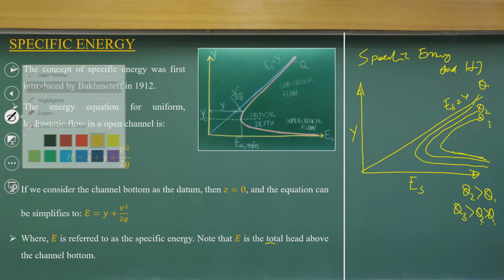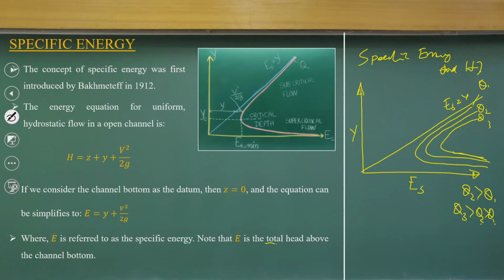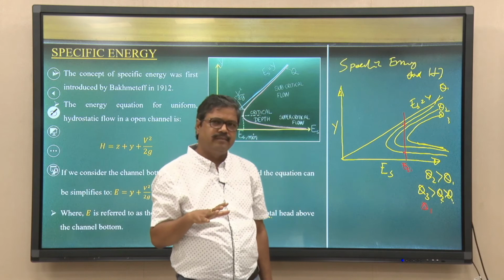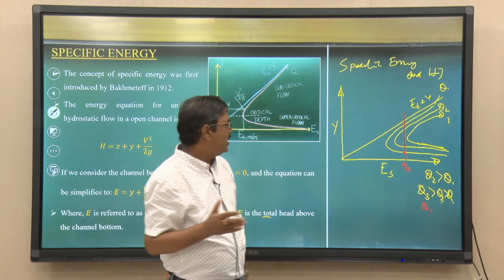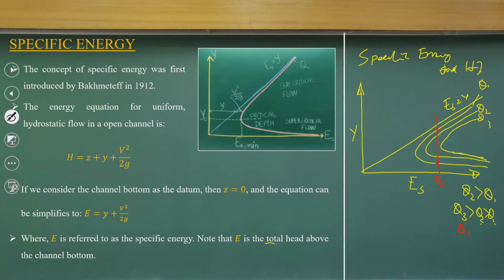Now, let us make it interesting. Let us have the upstream flow for constant discharge Q1, which has specific energy ES1. Upstream flow can be subcritical or supercritical, so it has two alternate depths.